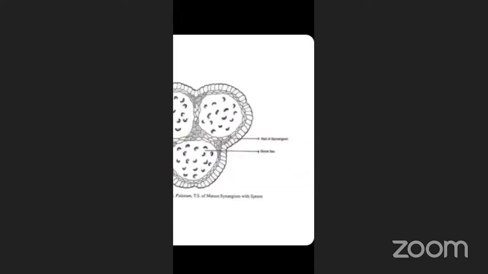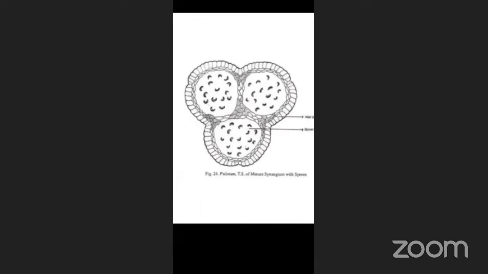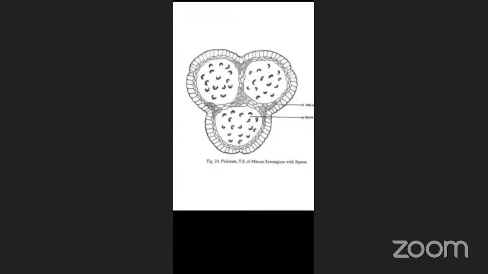The epidermal layer of the jacket becomes thick-walled except for a small vertical slit, which is used for dehiscence of the spores when they complete development. This is the opening area of the synangia.